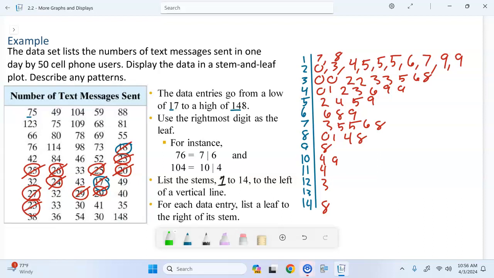Okay, so with the stem of 2, so in the 20s, that's where we have our highest frequency. Most of our values are in that lower range.